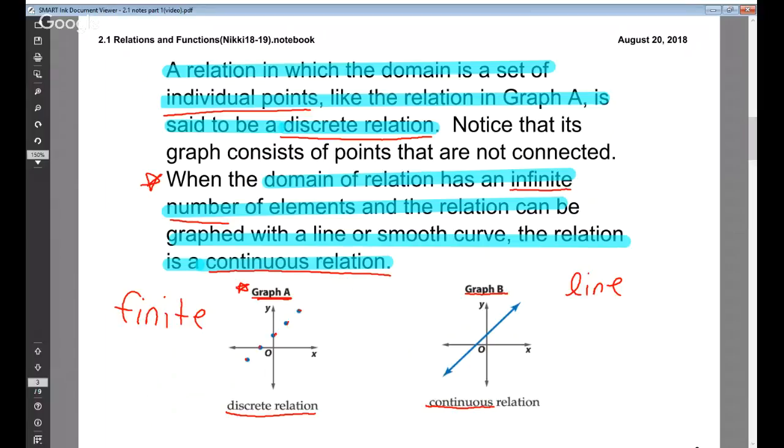And what a line represents is the infinite amount of points on a line. So many points are in that line that you cannot count them. They will go on forever and ever to infinity and beyond. Toy Story joke.